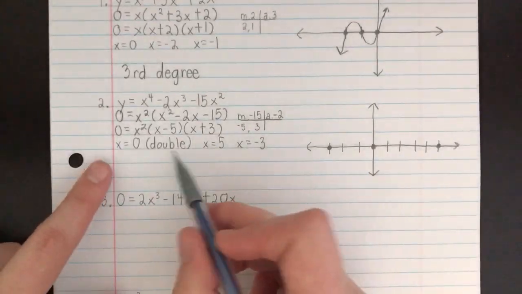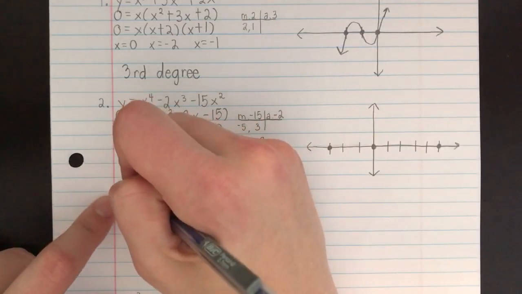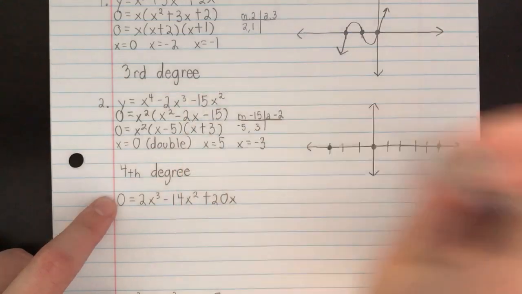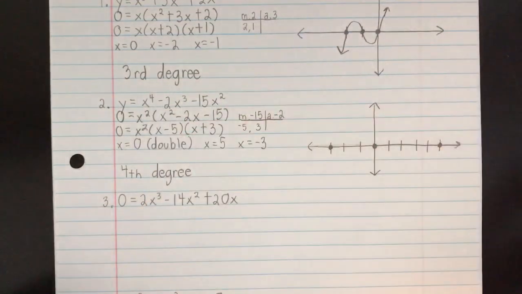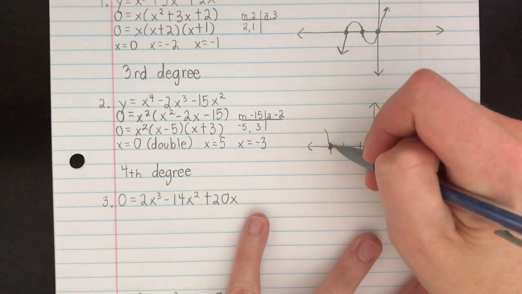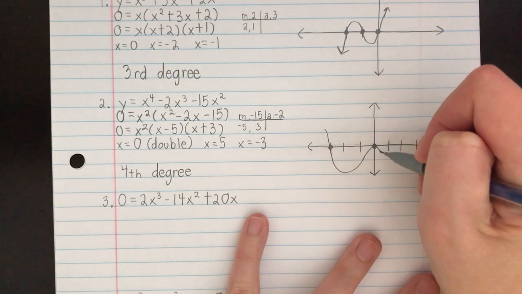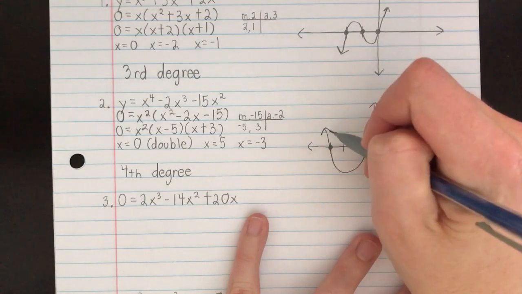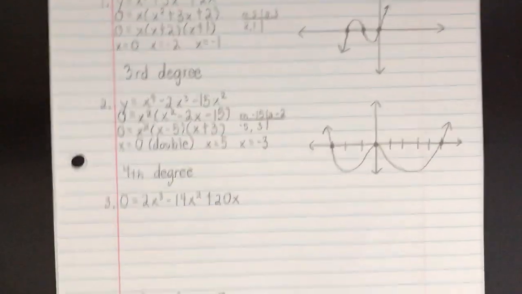Okay, we have 4 roots, including multiplicity, so fourth degree. Both arrows will face up, lead coefficient is positive. Remember, 0's your bounce, so you'll cut through here, you'll bounce at 0, and then you'll cut through here. Okay, both arrows face up as they should.